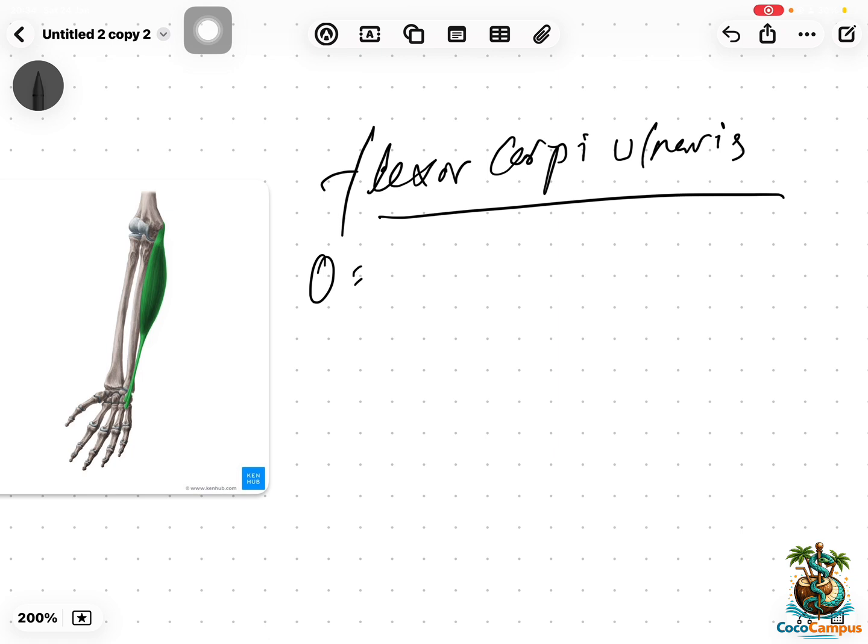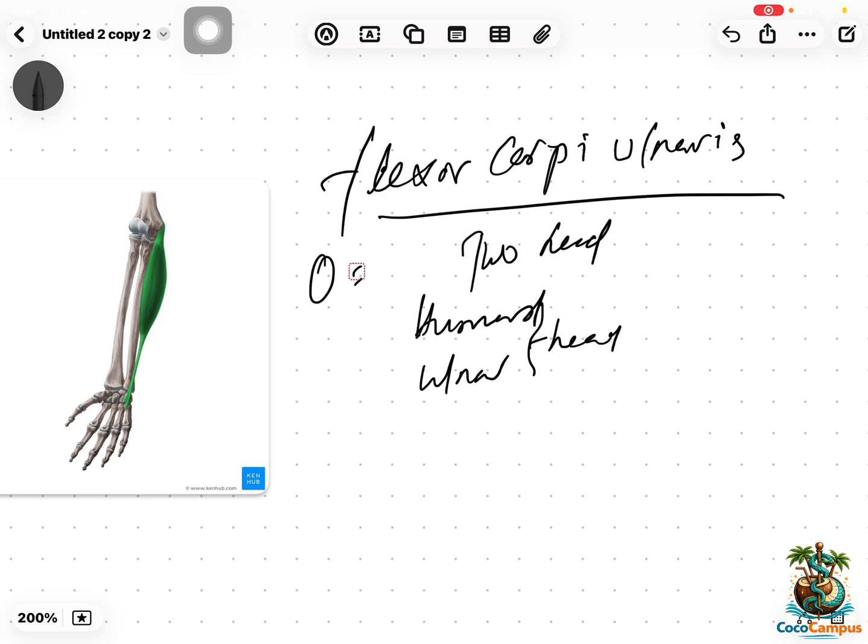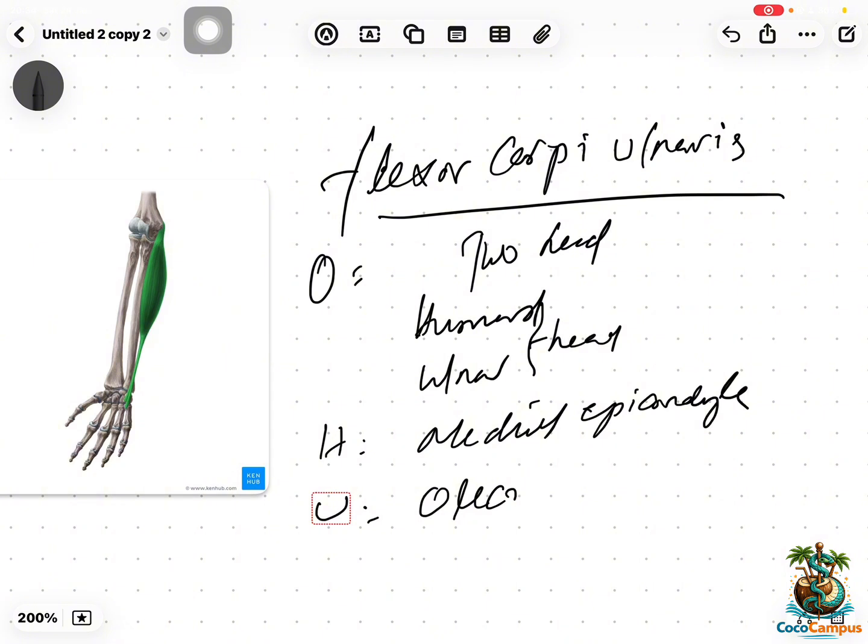It has a humeral head and an ulnar head. The humeral head is the medial epicondyle. And the ulnar head is the olecranon and posterior border of the ulna.